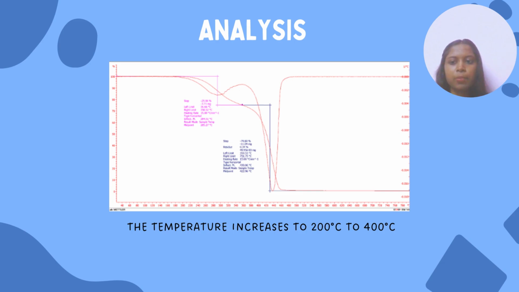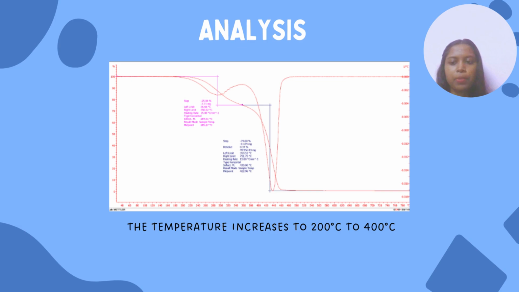Analysis. As the temperature increases from 200 degrees Celsius to 400 degrees Celsius, a significant weight loss of 60% to 80% is observed, indicating the breakdown of long-chain hydrocarbons and organic substances in the wax. The decomposition produces volatile byproducts and residues.